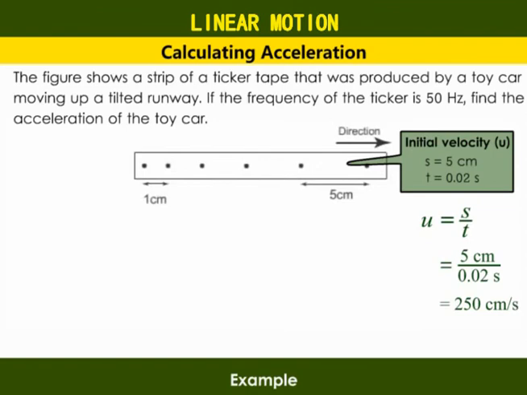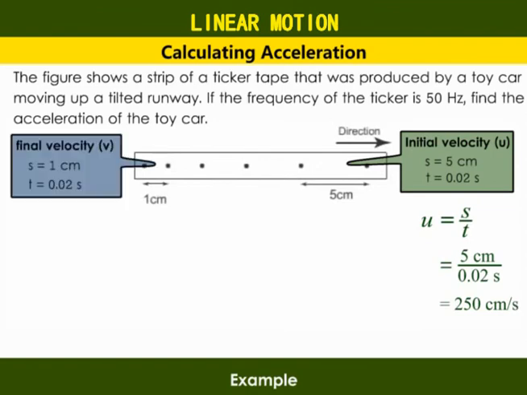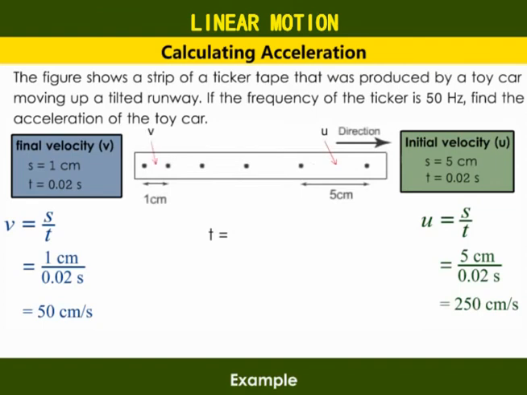In the last tick, time is also 0.02 seconds, but displacement is 1 centimeter, and so v is equal to 1 centimeter over 0.02 seconds, giving us 50 centimeters per second. Now the time between u and v. u and v are in the middle of these positions, so the time between u and v is 4 ticks.